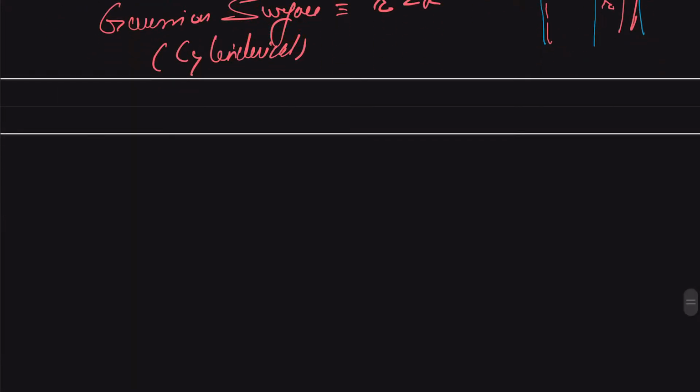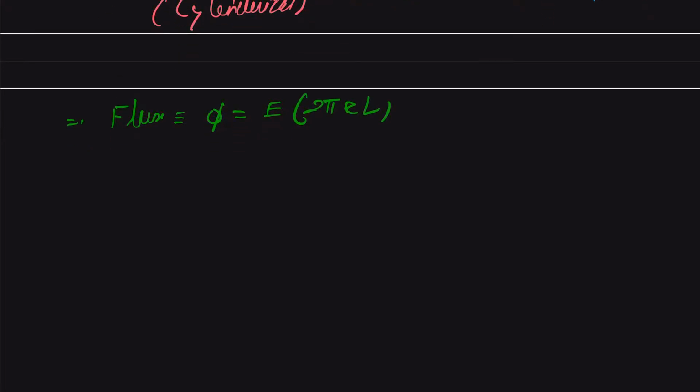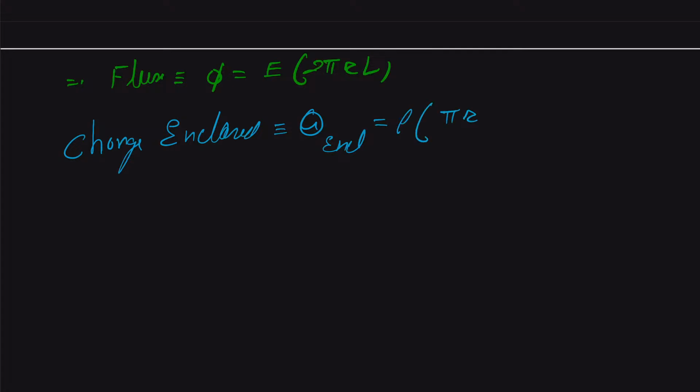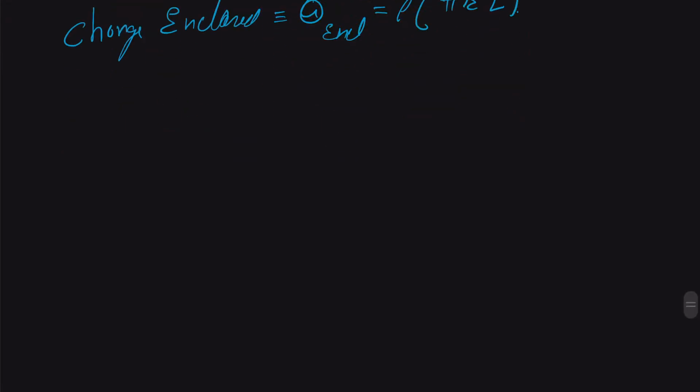Therefore we can write that the flux, that is phi, will be equal to E times 2 pi r L, and the charge enclosed, that is Q enclosed, will be equal to the volume charge density times pi r square L. Simple.